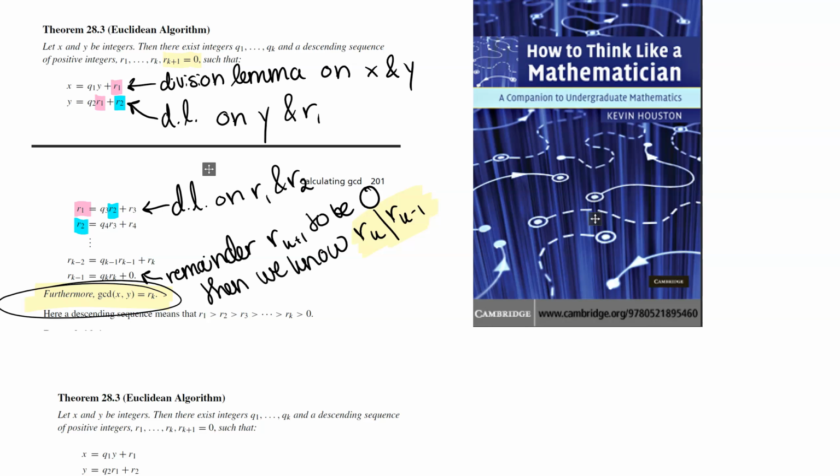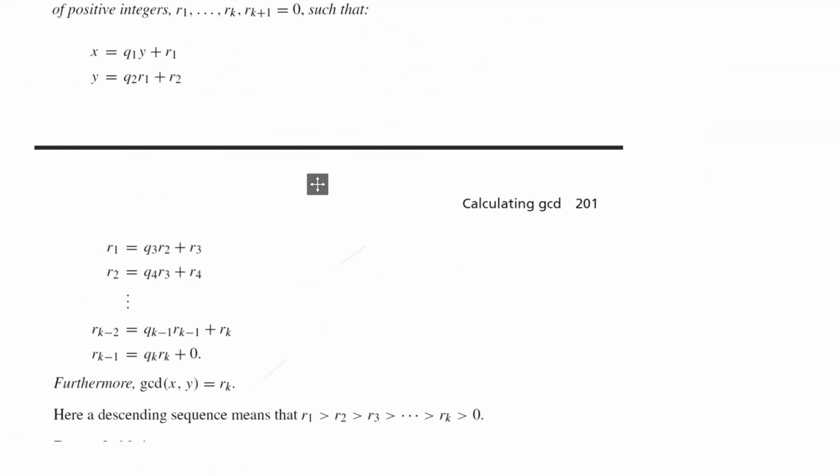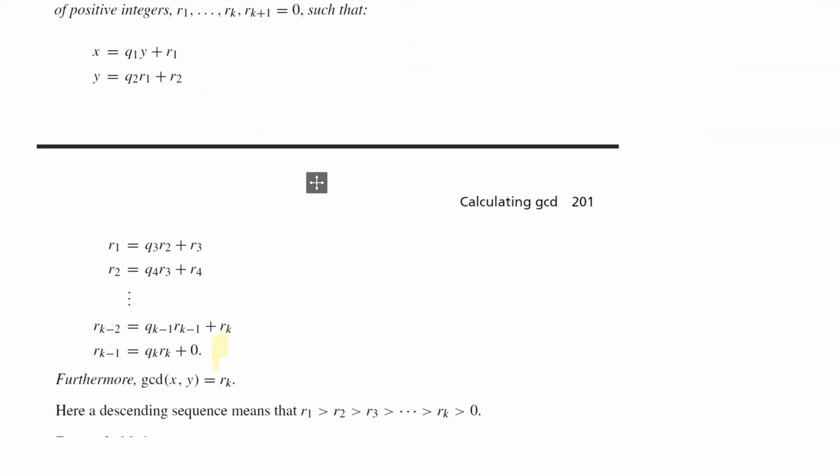What we're going to do now is we're going to start working backwards. Okay, so we're going to start at the bottom, and now we know that rk divides rk minus 1. So why is that helpful?